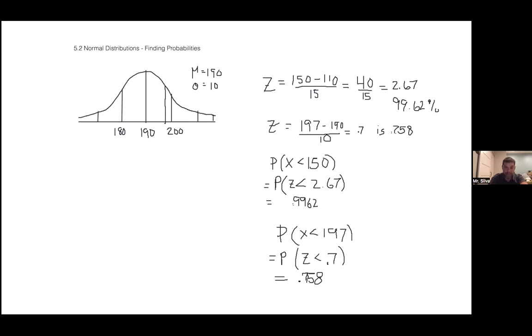Standard deviation was 15. Okay, this should give us the 0.9962.